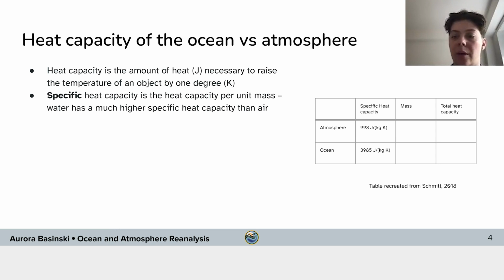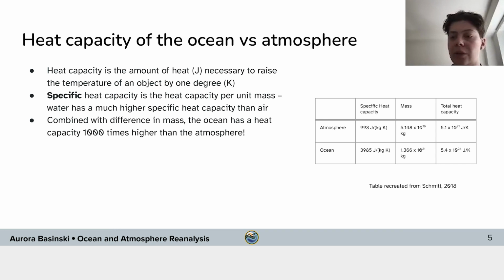In the table on the right, we've listed specific heat capacities for the atmosphere and the ocean. The ocean has a specific heat capacity about 4 times that of the atmosphere. So it takes about 4 times more heat to raise a kilogram of ocean water 1 degree Kelvin than it would to raise a kilogram of atmospheric mass by 1 degree Kelvin.